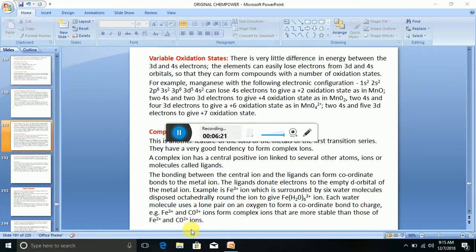Also, iron(III) and CN- ions form complex ions that are more stable than those of iron(II) and CN- ions.